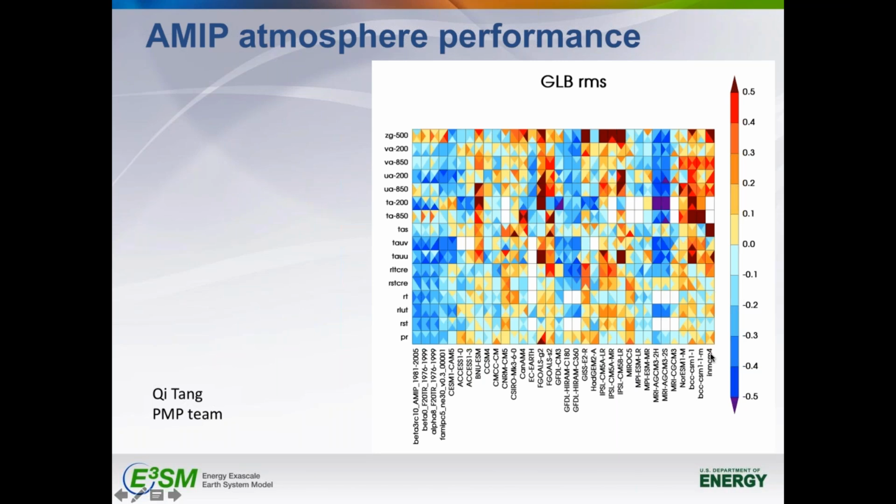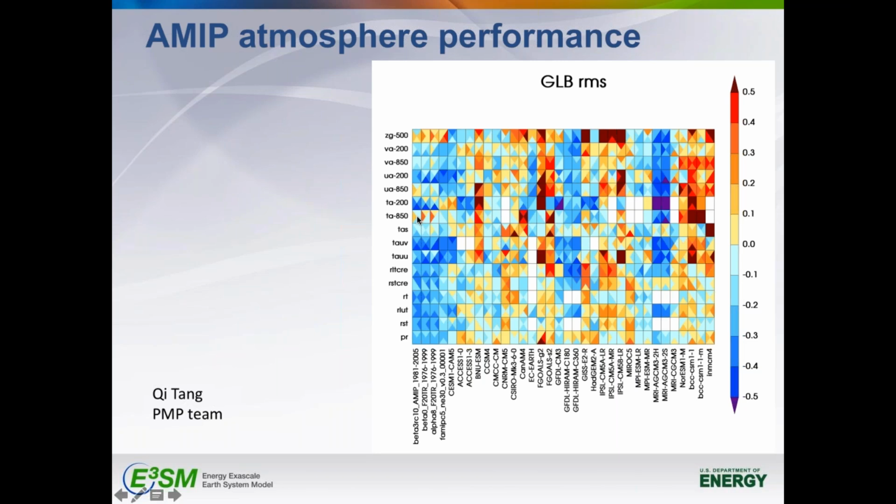Essentially, bluish color means we are doing better than the ensemble, and a warmer color means we are doing worse than the ensemble. If you look at the first column here, most of the places we have bluish colors, meaning that the performance of the atmosphere is better than the CMIP5 ensemble.